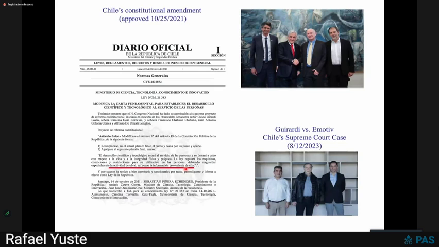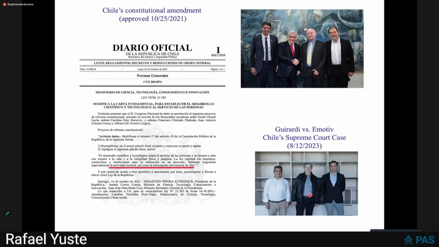This amendment to Article 19 of the Chilean Constitution was approved unanimously with all political parties behind it in the Senate of Chile, in the House, and signed into law by President Piñera. So this protection at the human rights level in the Constitution in Chile has led to the first case in the neurotechnology court case, Girardi versus Emotiv.